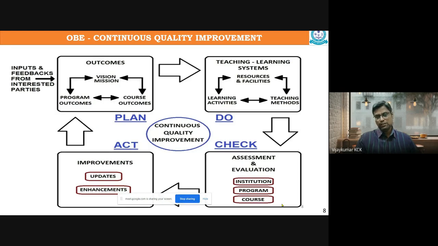Earlier, the entire teaching process was one-dimensional. It was not a closed loop system. It was an open loop. As soon as the subject is allotted, we prepare the material and go to the classes with teaching aids. Whatever materials are available, we transfer to them.